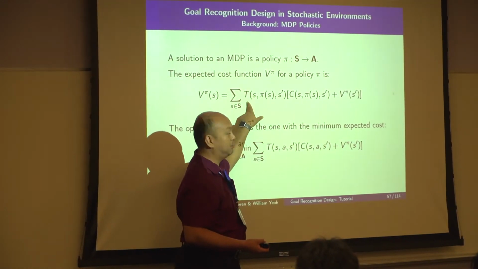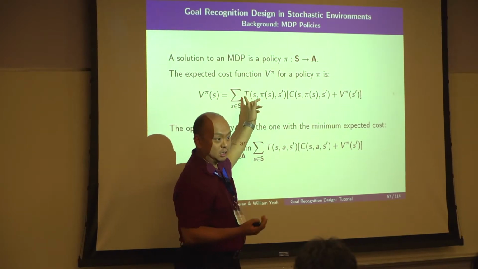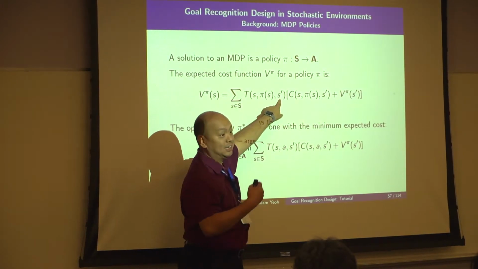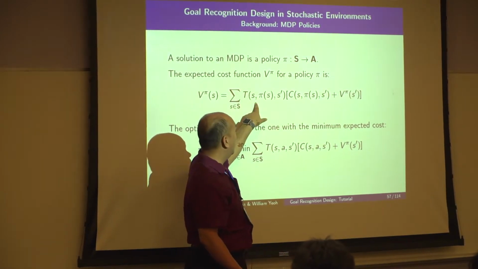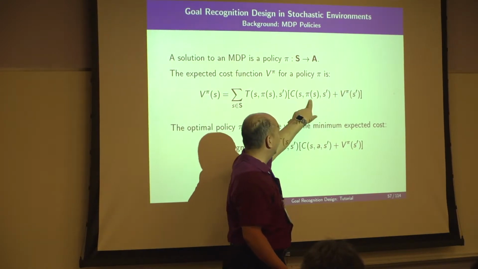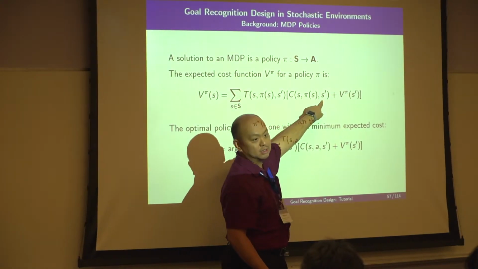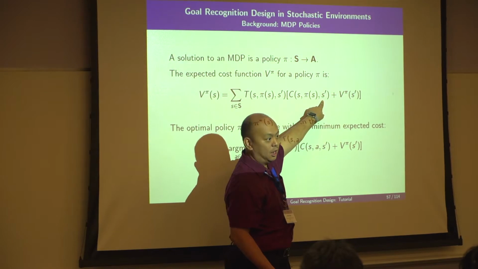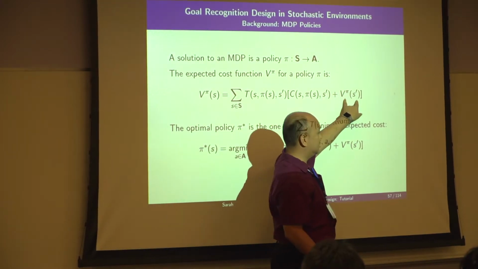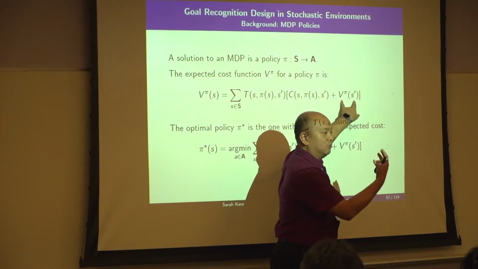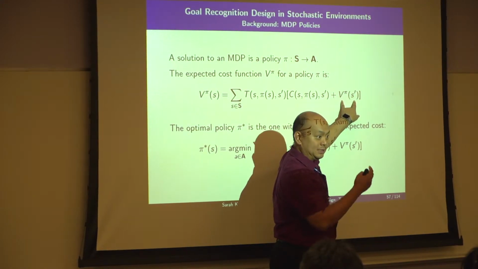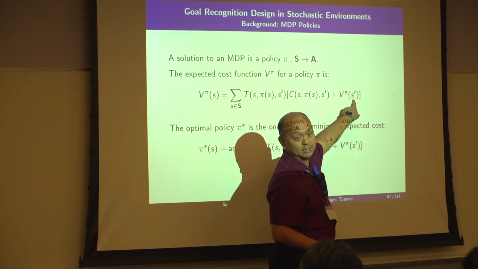So this is, let's say, some probability over here. If this is deterministic, then this is the successor state, right? This is 1. And then this would be the cost of taking this action from this state and getting to the successor state, right? So this is the cost of the action, and this is whatever the optimal value is following that same policy from the successor state.